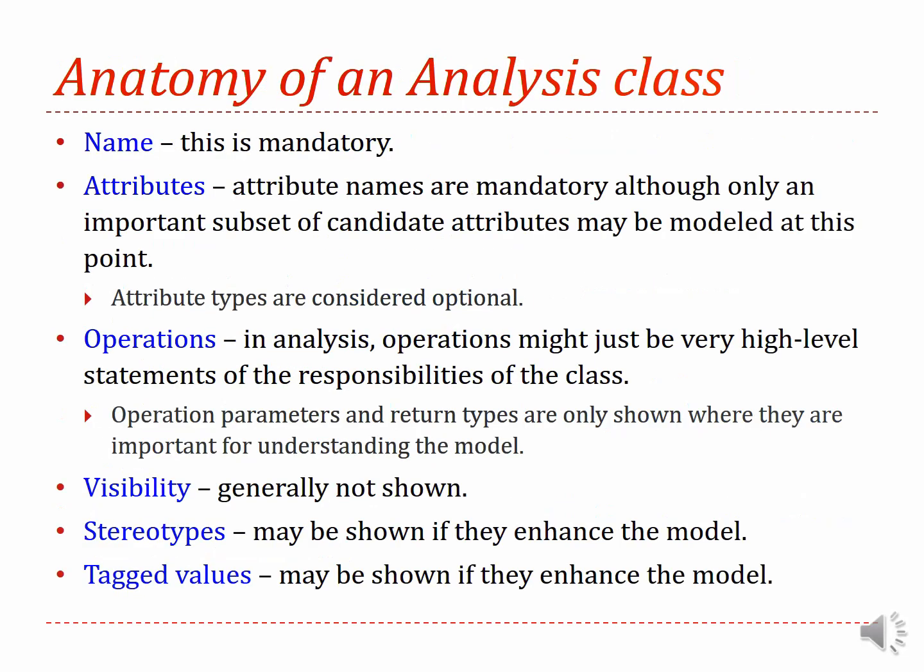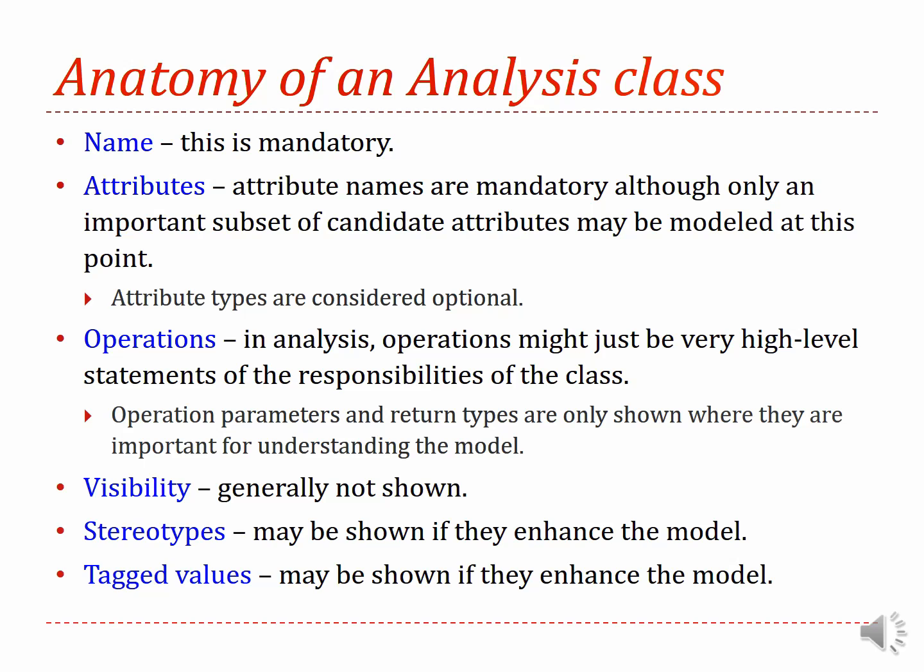The next topic is the anatomy of analysis classes. Every analysis class has several important elements. The first element is the class name, which is mandatory and should clearly describe the business concept. The second element is attributes, which represent important properties of the class. During the analysis, only important attributes are identified and their data types are usually not specified here.